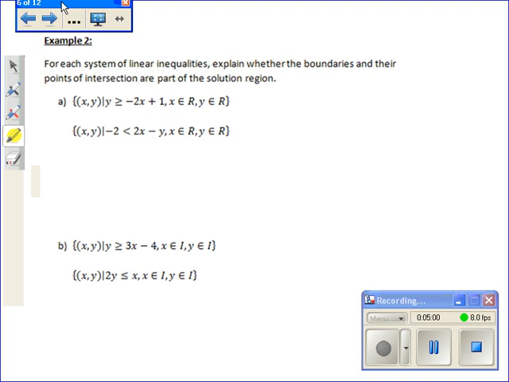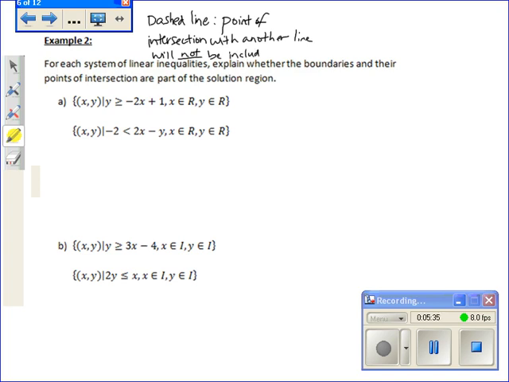Okay, remember, anytime you have a dashed line, the point of intersection between that dashed line and any other line will not be included in the solution set.